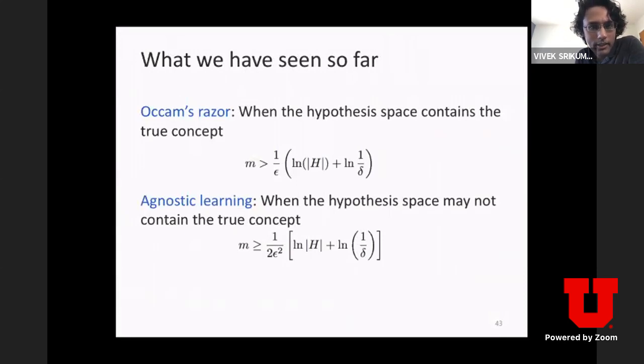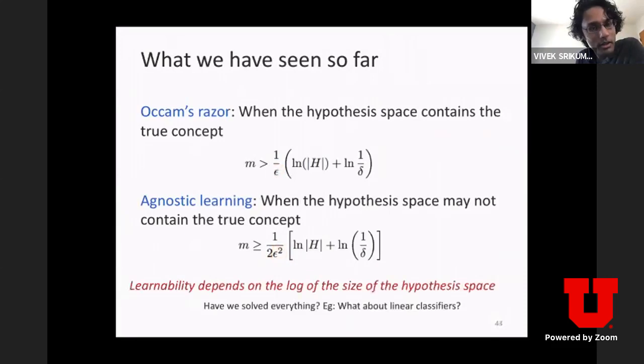In the agnostic case, where the hypothesis space may not even contain the true concept, we are paying a little more because we are essentially giving up some information. Epsilon has now become epsilon square in the denominator, but the rest of it looks essentially similar. Importantly, in both cases, it seems like learnability depends on log of the size of the hypothesis space.